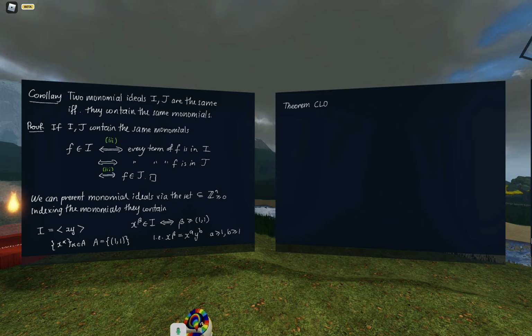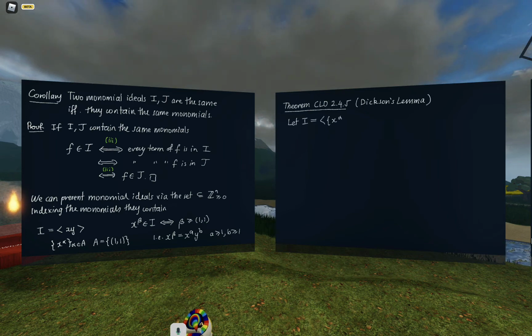All right, so here we are, Dickson's lemma. This is theorem 2.4.5 of the text. It says, let I be a monomial ideal.